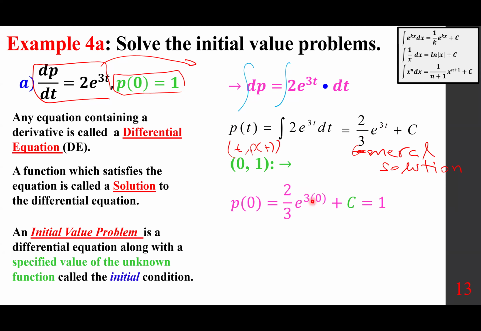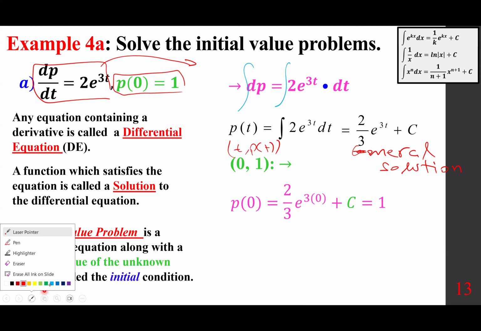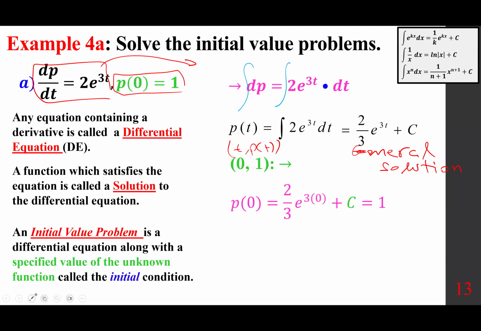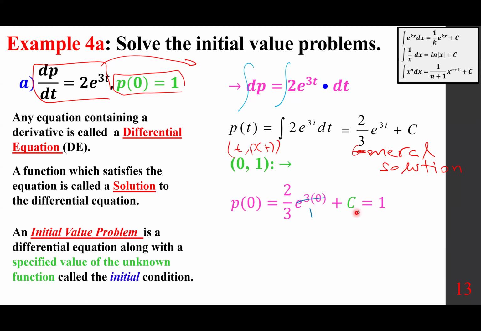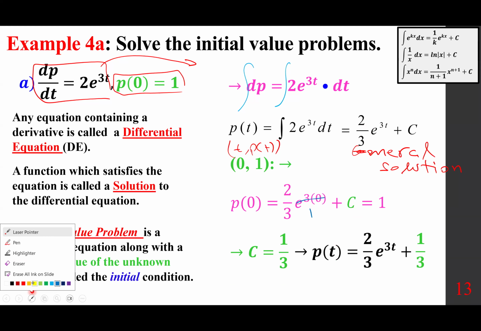3 times 0 is 0, e to the power of 0 is 1. Two-thirds plus c is 1, and c becomes 1/3. Replace it. And a general solution becomes one of them, a particular solution.